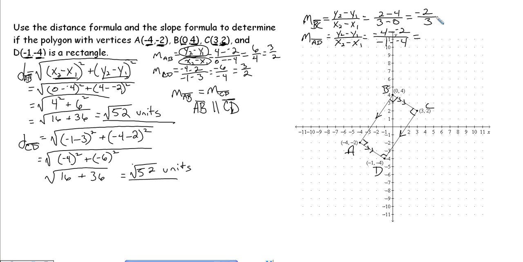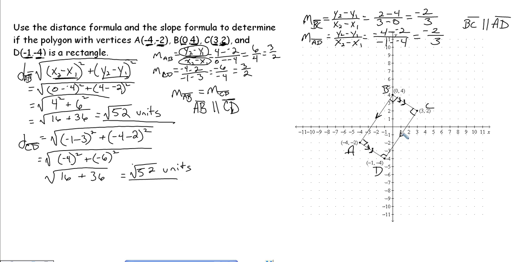Well, negative 4 plus 2 is negative 2, and negative 1 plus 4 is positive 3, and the slope of line segment AD is 2/3. So since the two slopes are equal, we know that line segment BC is parallel to line segment AD. So we've just proven our parallelism of opposite sides. We're in great shape there.